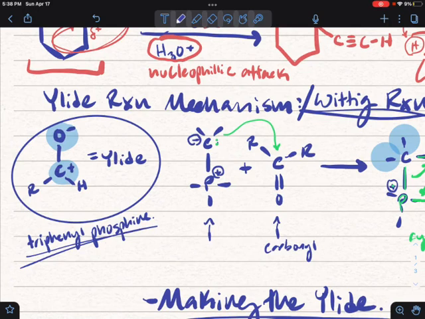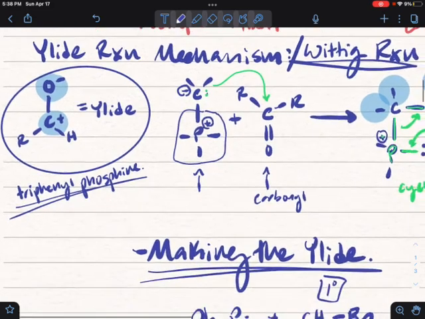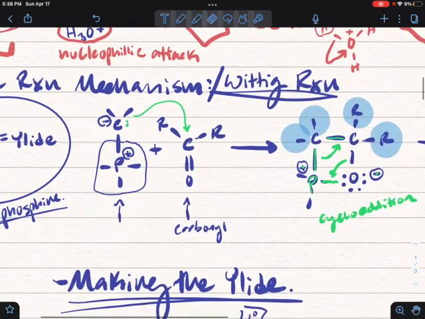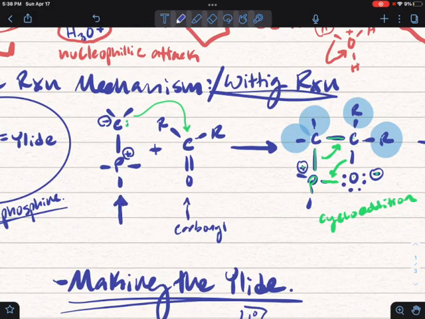And typically an ylid has a triphenylphosphine group on it, and that would be this group right here that we'll be using. But essentially, to help explain this a little better, we have our ylid right here with our negative and our positive charge, and we have our carbonyl group right next to it.